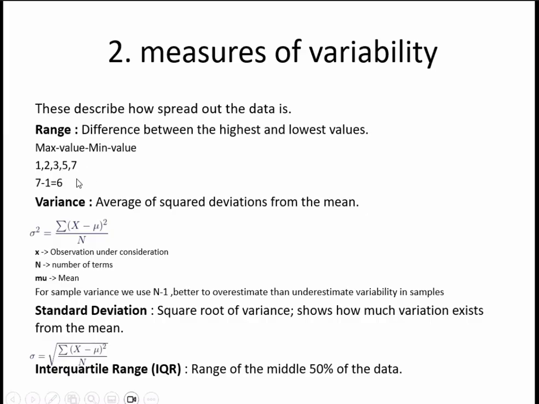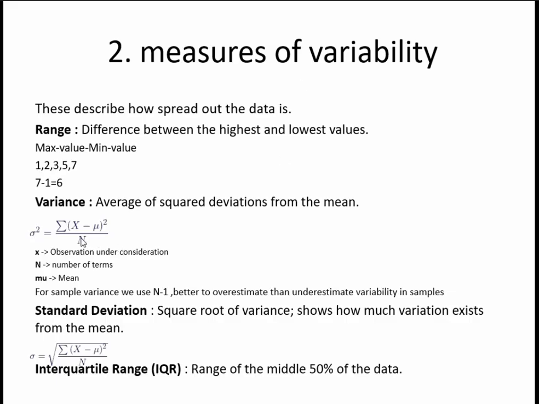So that's what variance and standard deviation look at. The difference between the two is that for variance, we just take the average of those differences. For the standard deviation, we find the square root of variance. That's how different they are, but they both look at the same thing.